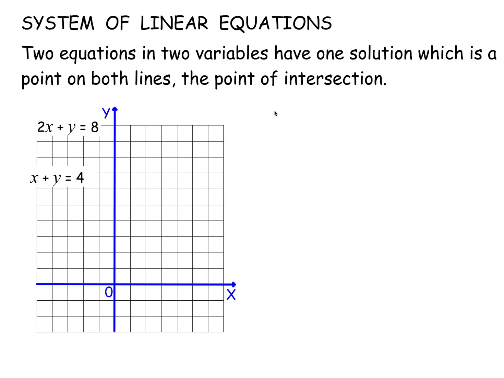So what we've got is two lines, two equations: x plus y equals 4, the first one we looked at, and 2x plus y equals 8, that second one we looked at.